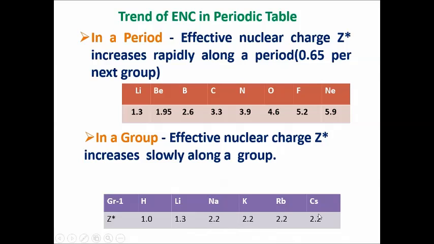So that's a very slow increase. Going down the group, it becomes almost constant. So the effective nuclear charge increases along the period rapidly, and in a group there is a slow increase, whether we go down the first group or second group.